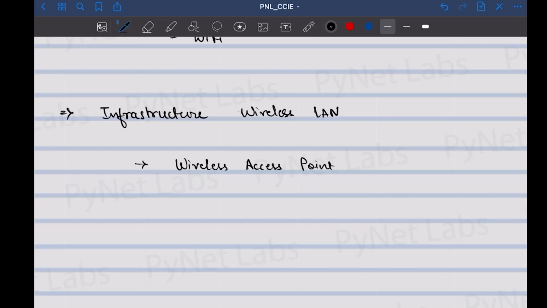Okay. And along with these wireless access points, sometimes we also require a wireless LAN controller, which is used to manage these access points. So when we speak about connecting devices, we connect them through these access points.